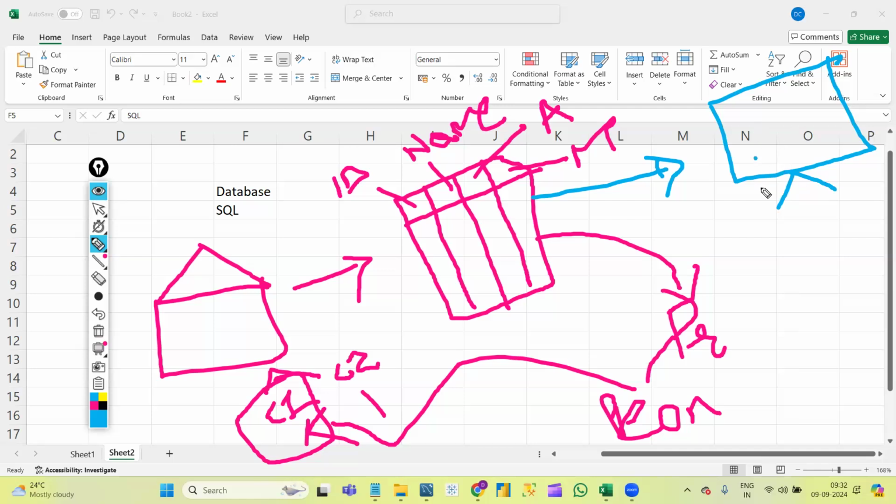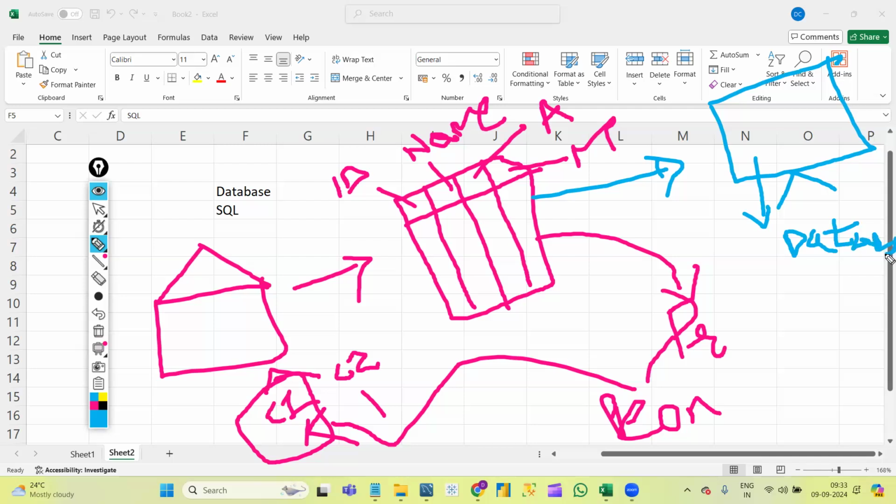if it is a big school or big university, what will they do? They have lots of students, right? So they will use databases to store the data. In the computers, they will use the database concept. They will use databases to store the data.